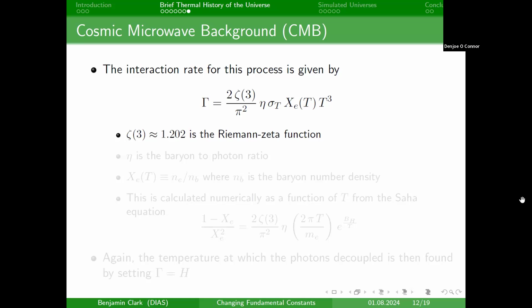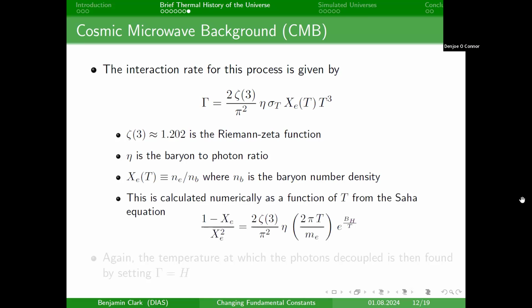Where zeta of 3 is the Riemann zeta function, and that's just a value. Eta is the baryon to photon ratio. Sigma T is the Thomson cross section, and X_e of T is the ratio between the number density of electrons and baryons.